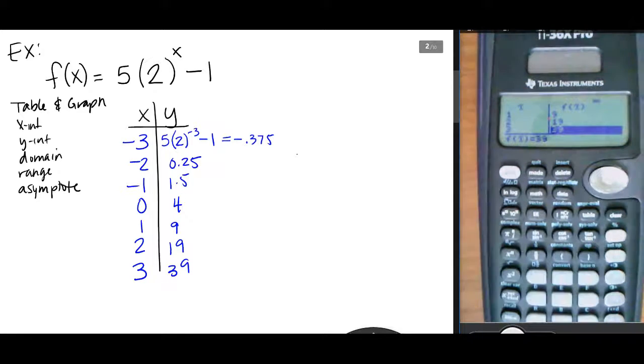All right, so let's go ahead and make our graph. 1, 2, 3, 4, 5, 6, 7, 8, 9. And we need to go over 2 and over 3. Okay, so at 0, we're at 4. Immediately next, we're already at 9. And then we have a 19 if we really wanted to put it on there. On the other side, -1 is at 1.5. Then I got 0.25.